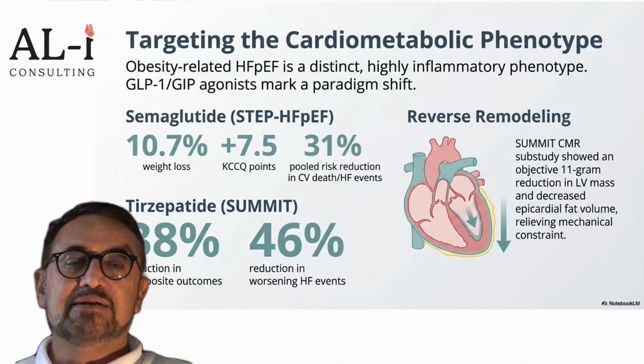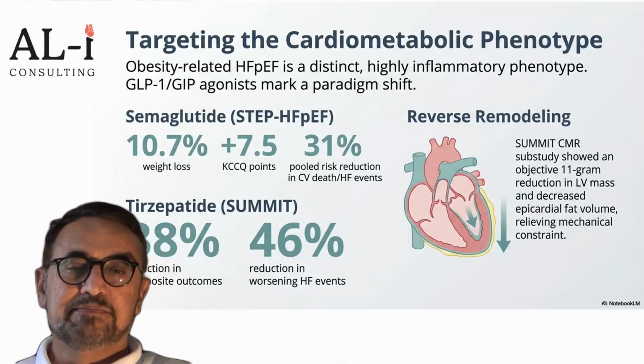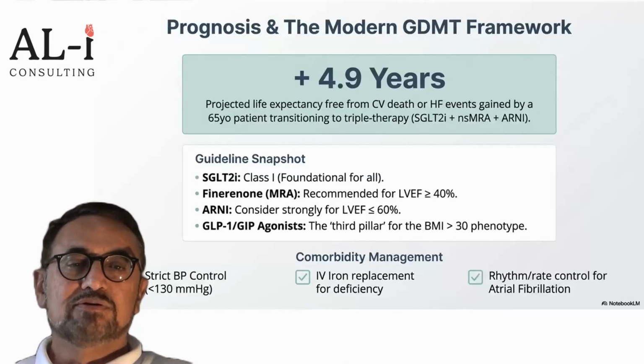The key message is that obesity in HFpEF is not a side issue. In many patients, it is the driver of the phenotype, and targeting it aggressively can improve symptoms, events, and cardiac structure, prognosis, and the modern GDMT framework.